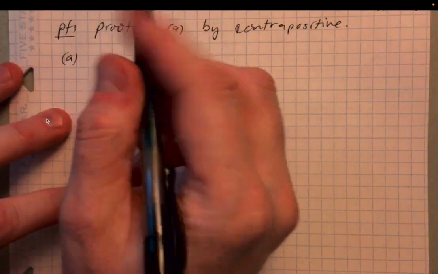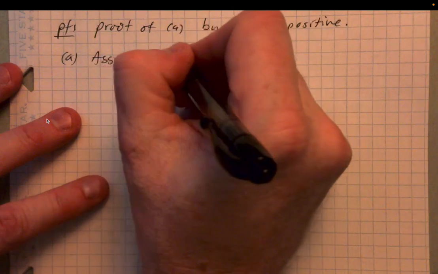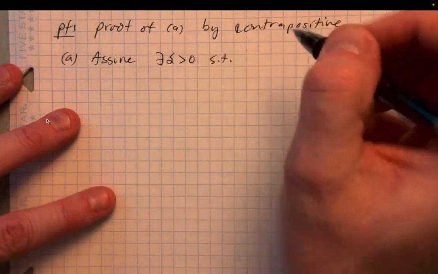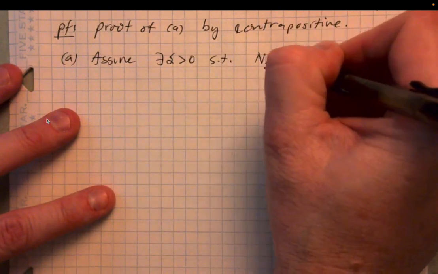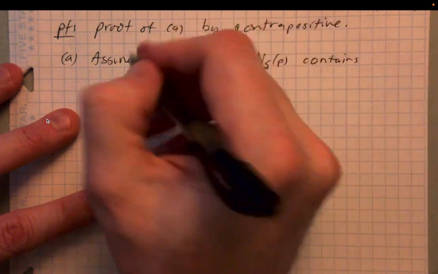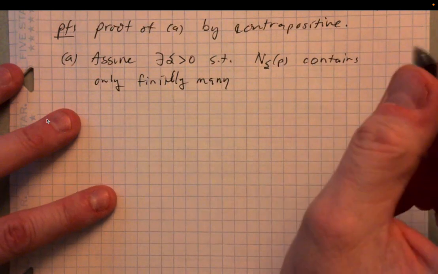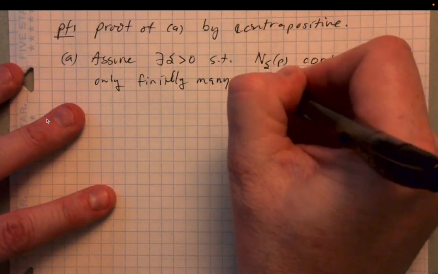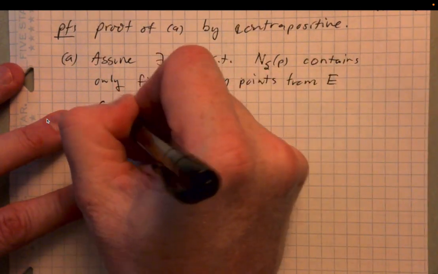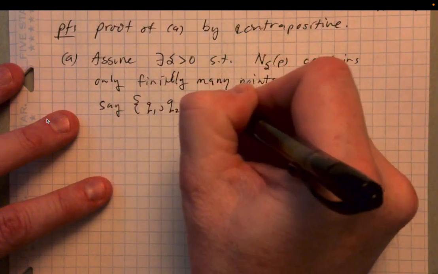So for part A, assume there exists, and I'm going to use a different notation, a delta greater than 0 such that the delta neighborhood of P only contains finitely many points from E. I'm going to name them: that set is Q1, Q2, up to Qm.